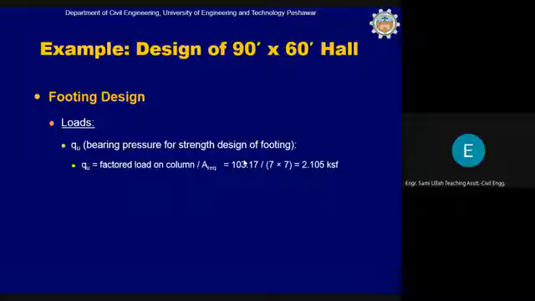So one factor of safety has already been considered in the calculation of bearing capacity. I think now you know that bearing capacity is calculated in the lab doing a direct shear test or SPT test or other relevant tests. Then the ultimate bearing capacity divided by factor of safety gives us the allowable bearing capacity.